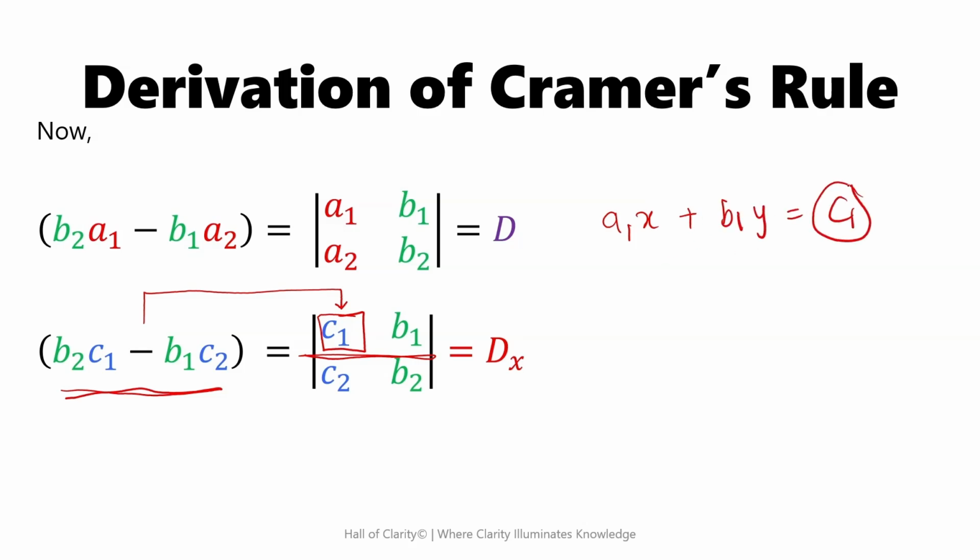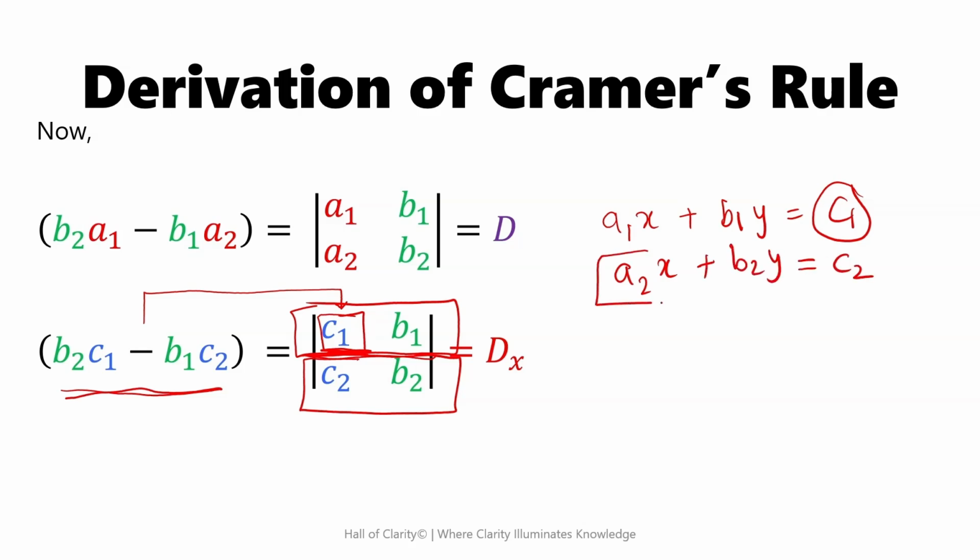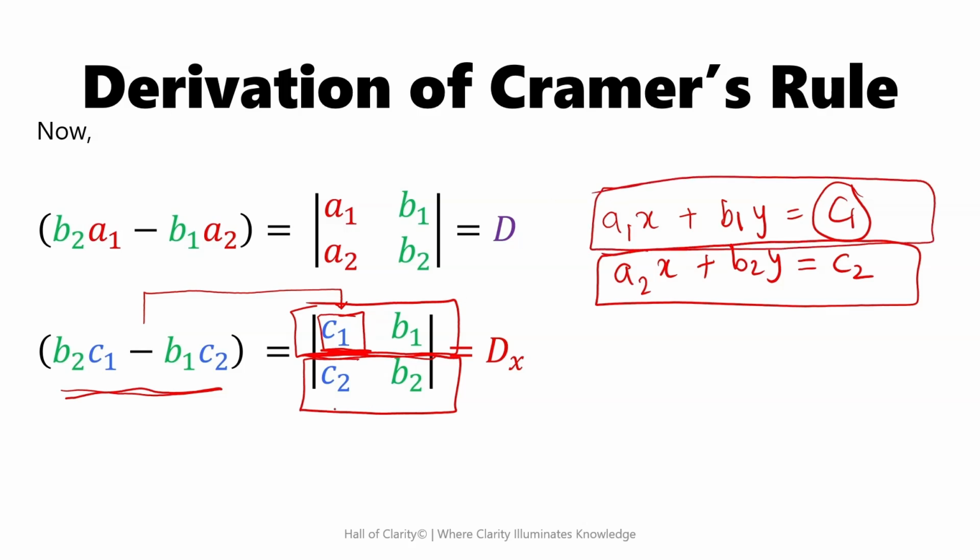Now this c1 belongs to the first equation, therefore it is written in the first row. This is the first row. Similarly, c2, that is the constant of the second equation, is written in the second row. This is our second equation, therefore it is written in the second row. So in this way we have to write the determinant form.